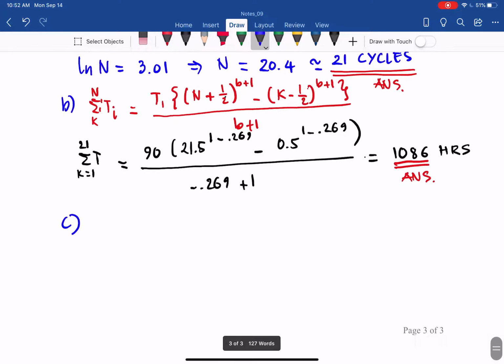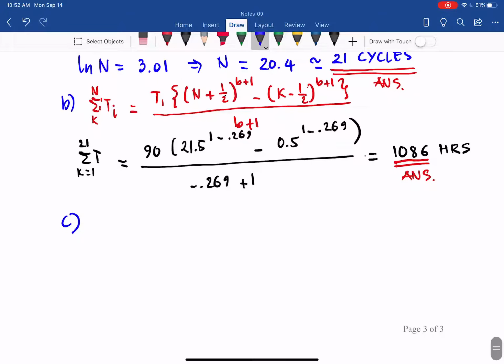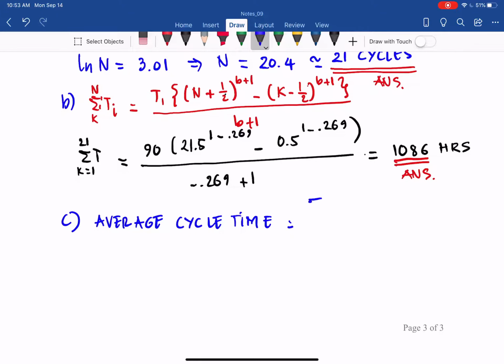So that one is easy. We have all the time we need for the first 21 units, divided by n, the number of units, so 1086 divided by 21.